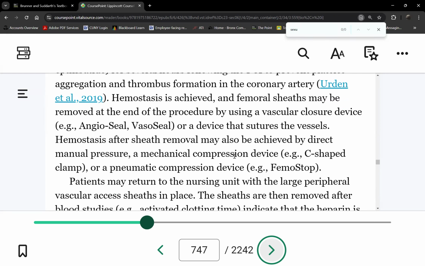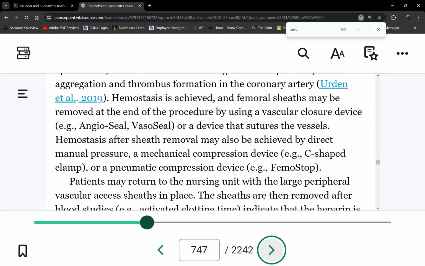In the case of the femoral, this term here called FemoStop is pronounced femstop. Just put the O silent. It's a C-shaped clamp, more like a half, like a small bowl, and there's a strap on the top of the bowl that goes around the patient's waist, and you tighten it using the bulb.